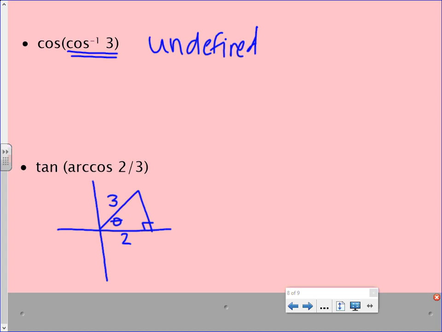What's our missing side? So arc cosine of 2/3 is describing this angle right here. And the tangent of that angle would then be radical 5/2.